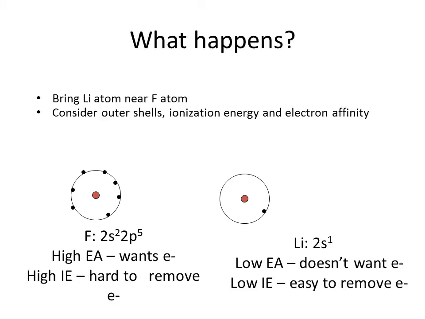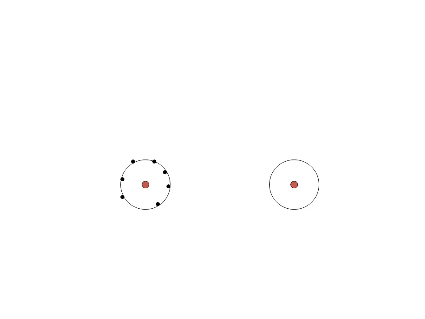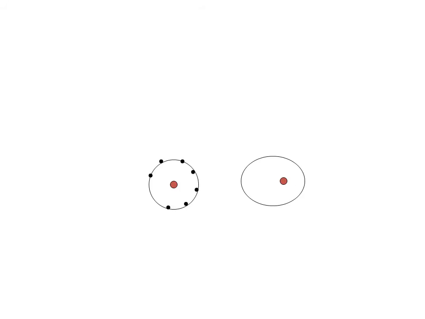So losing one electron from lithium will bring it to a stable electronic structure, and gaining one electron on fluorine will bring it to a stable electronic structure. As a result, what happens? You bring the two near each other, and when they get close together, the fluorine starts pulling on the lithium electron.